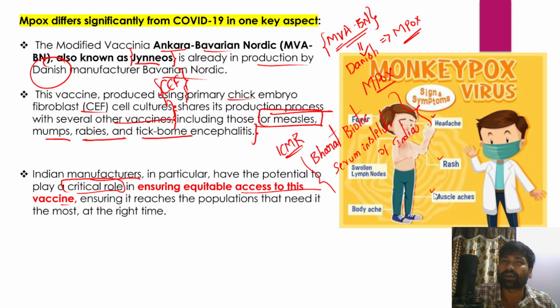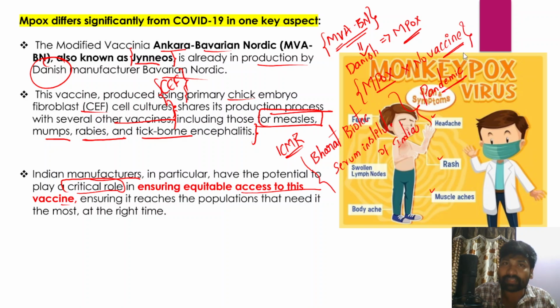But as of now for mpox there is no vaccine, so it is very important that we immediately develop a vaccine to contain and arrest the spread of monkeypox disease and prevent it from emerging as a pandemic similar to COVID-19. We need to develop vaccines as early as possible.